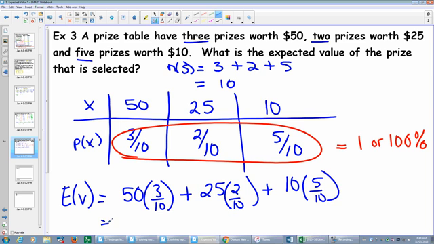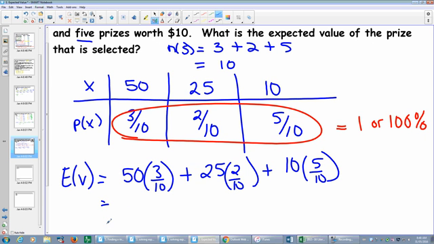Curtis, when you add and multiply all of that up, what do you get? You get 25. So you would get 250 over 10, which is equal to 25. So the expected value of the prize that you get from this table would be $25.